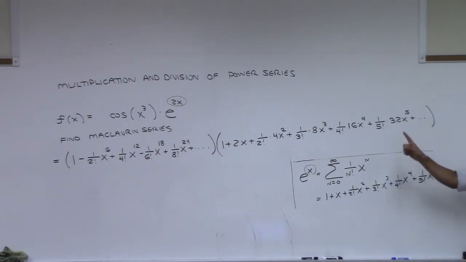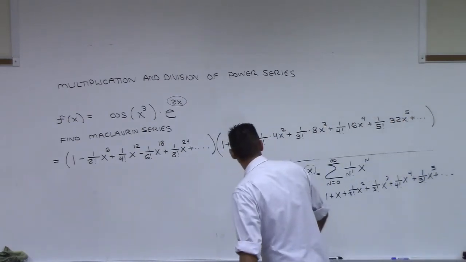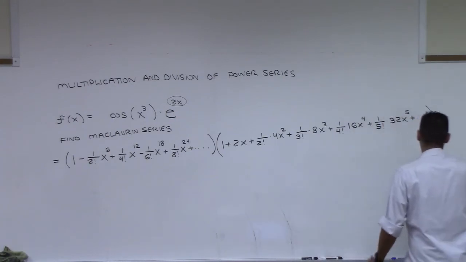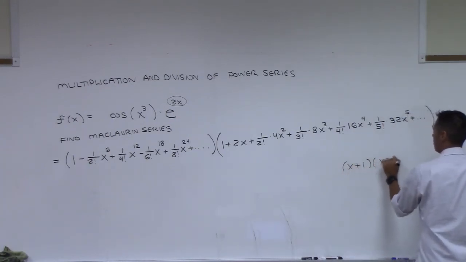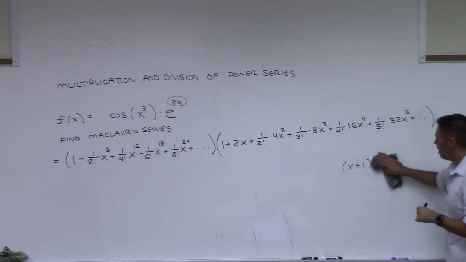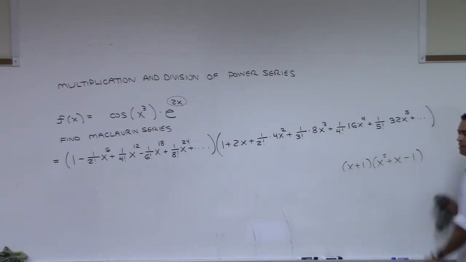Now we have to multiply these together. So how do we do multiplication of polynomials? Back in the day, if someone gave you x plus 1 times x plus 2, you would just FOIL it. But if this was like x squared plus x minus 1, how would you multiply those? FOIL goes away.